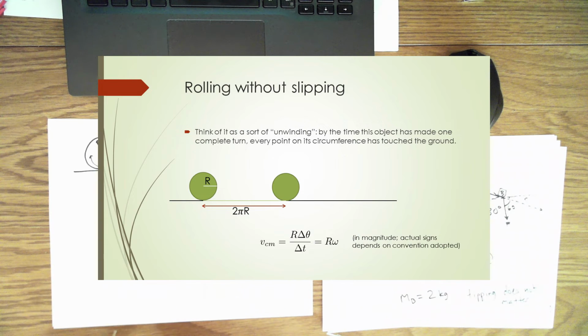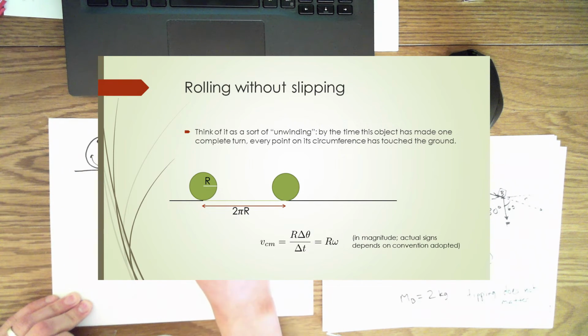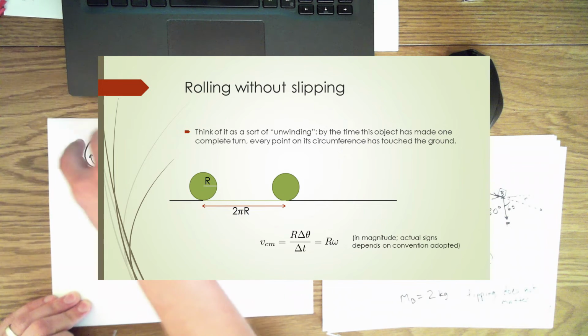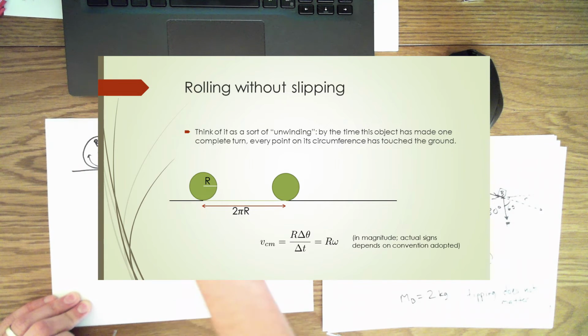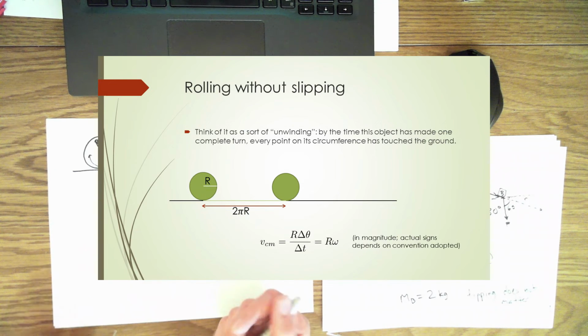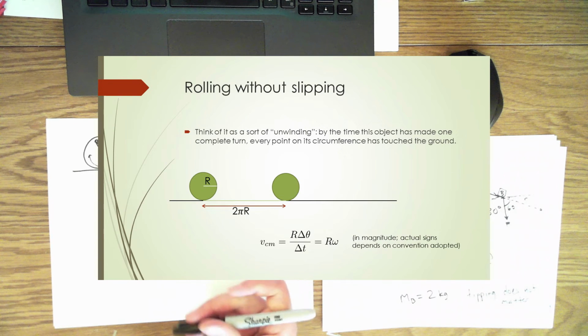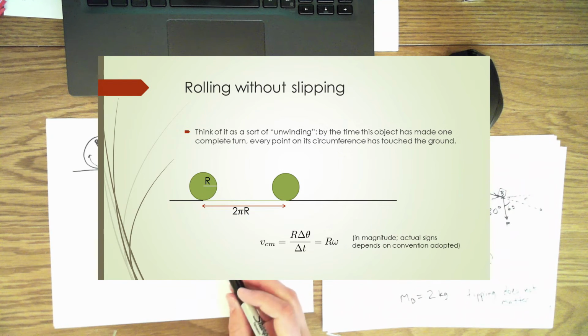The way I find easiest to imagine it is if you do one full rotation. So you roll the wheel until the same point comes back to being in contact with the ground. That means the distance that it rolled, as indicated on the slide here, is the circumference, which is 2 pi r. And that's how far the center of mass has moved.